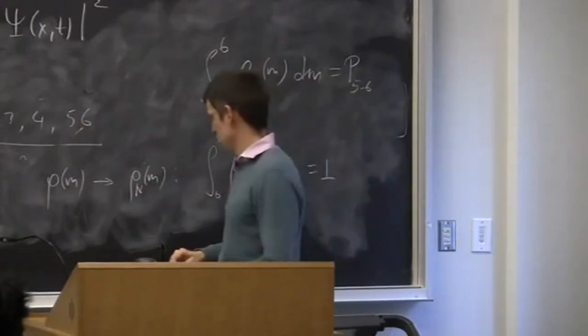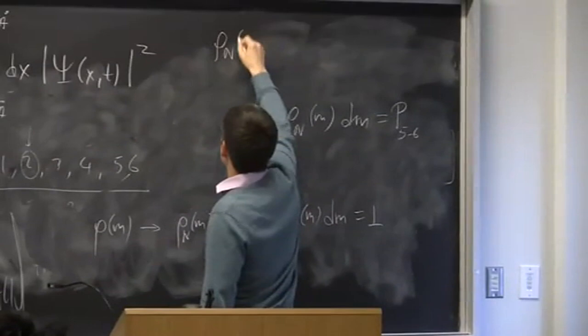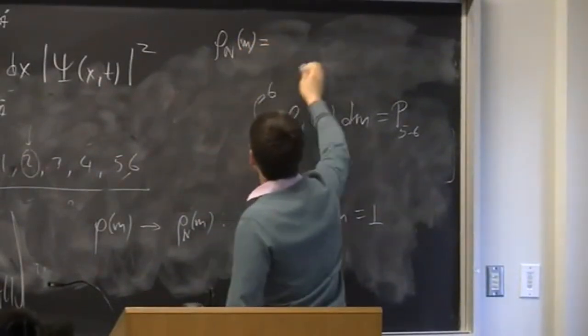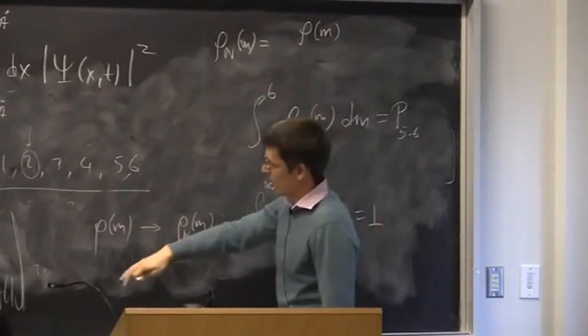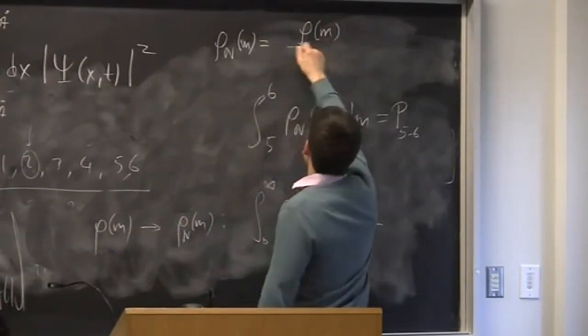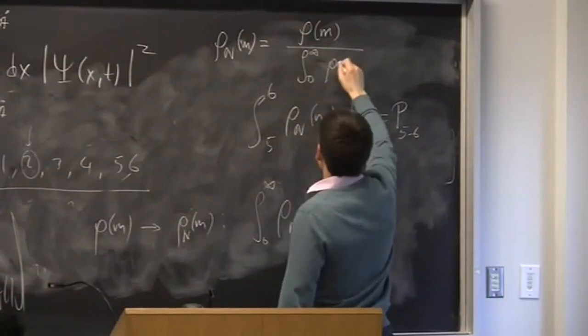How do I do that? All I need is to define rho n of m as rho of m, the function that I presumably already have, divided by the integral from 0 to infinity of rho of m.